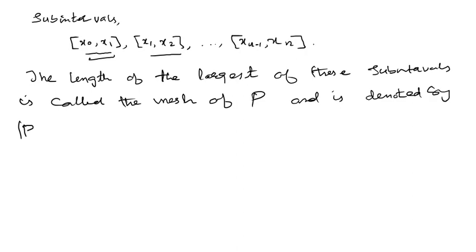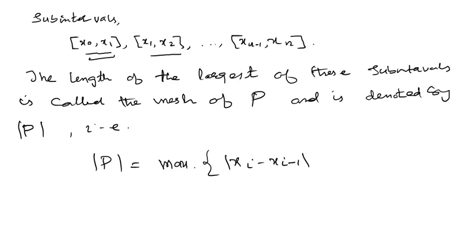Some books also call this the norm of P and denote it that way. So that is the mesh of P. It is actually the maximum of the lengths xi minus xi-1.